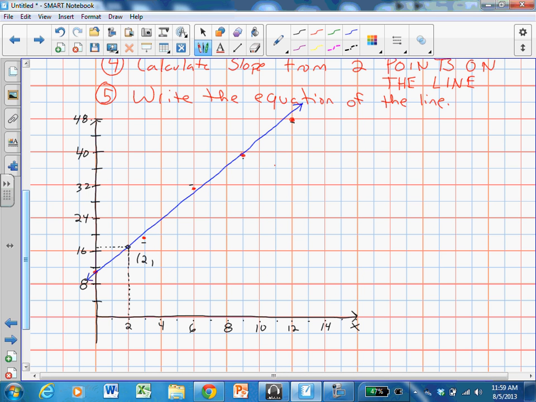Not quite 17, so maybe 16.8. That's my guess. I know it's close to 17, not quite 17, from what I have drawn. And then I'll pick another point, say at 10. We'll go up from 10 and go over.